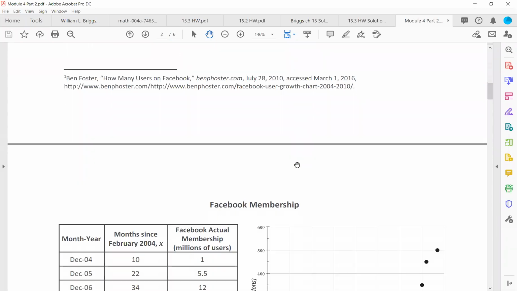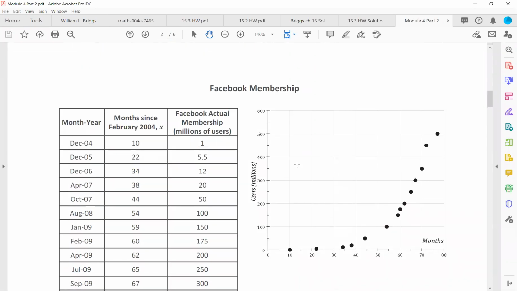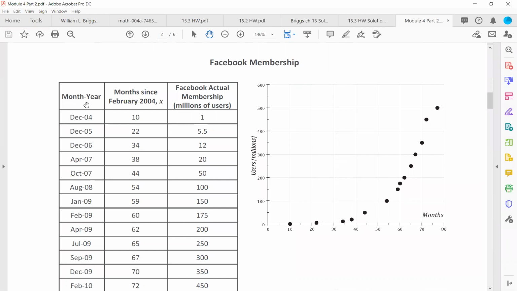Let us move on to the next page. Very well. Here we have our table: month, year. December 2004. And of course, we need to have our x as our variable, which in this case counts the number of months since February 2004. So from February 2004 to December 2004, we have 10 months.